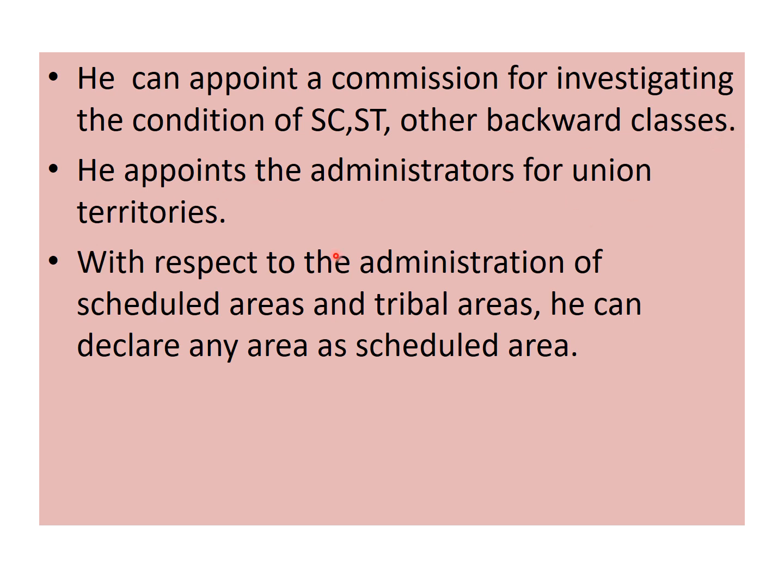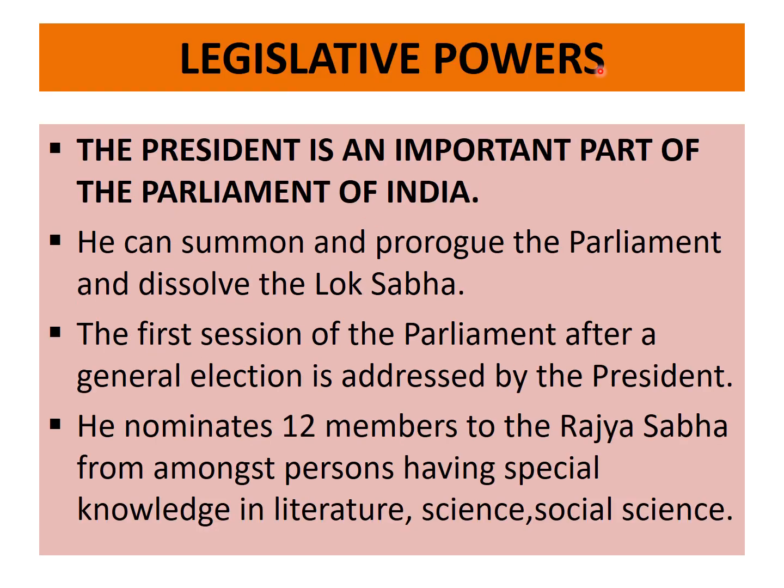Then he can appoint the administrators for union territories. We know that union territories have administrators and they are appointed by the president. And in case of any scheduled area and tribal areas, the president has the power to declare any area as a scheduled area.